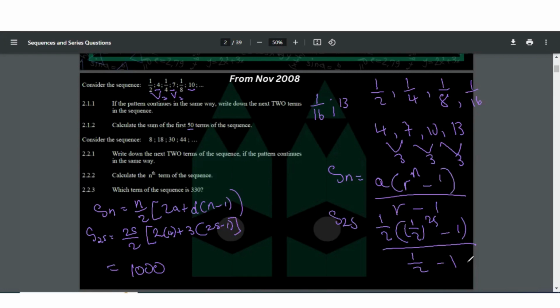And that would be equal to 0.999. Now, if you round that off, that is basically equal to 1.